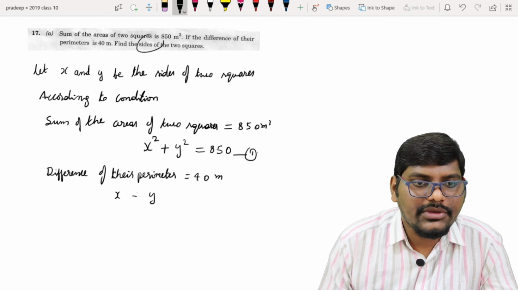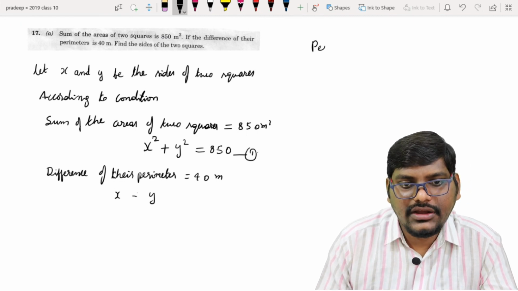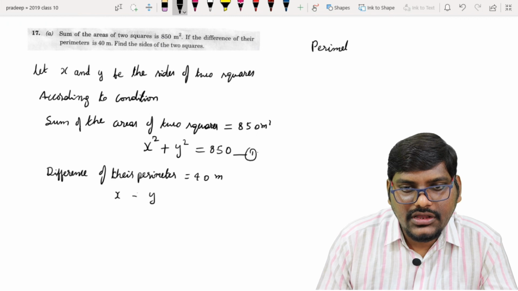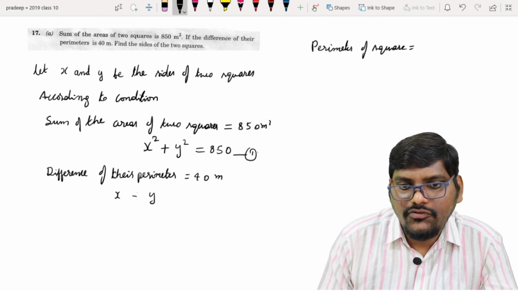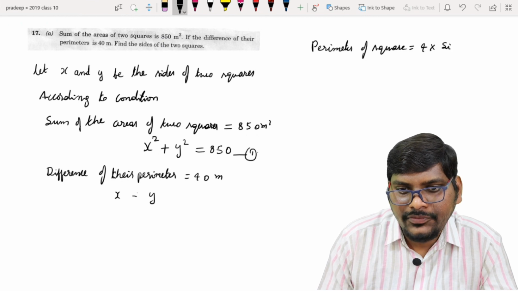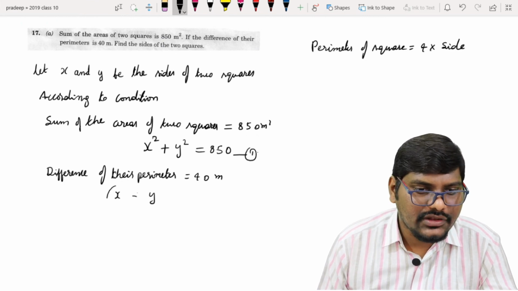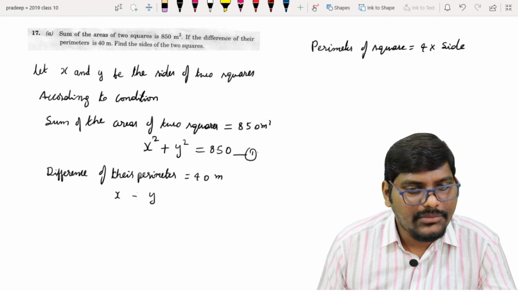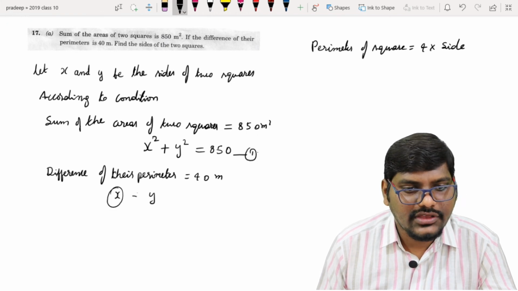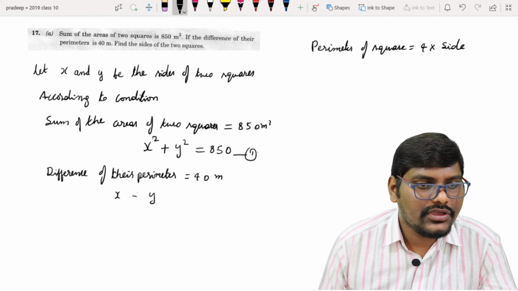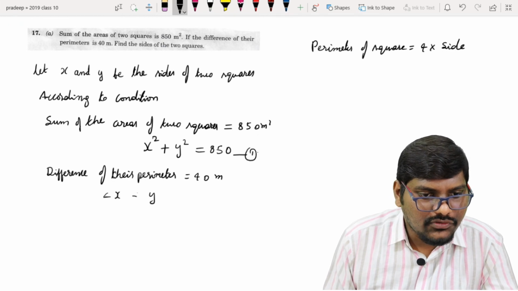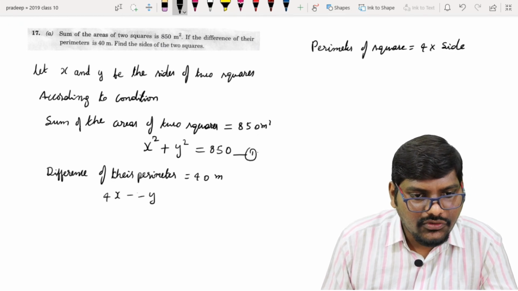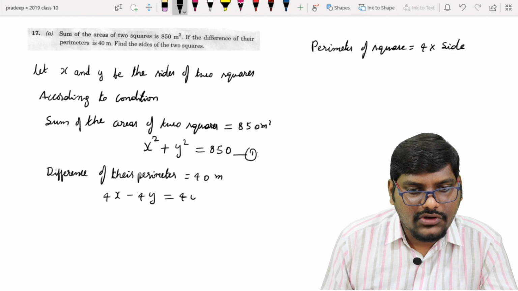What is the perimeter of a square? Perimeter of square is nothing but 4 into side. One square side is x, the other square side is y. So we can simply write 4x minus 4y equal to 40.